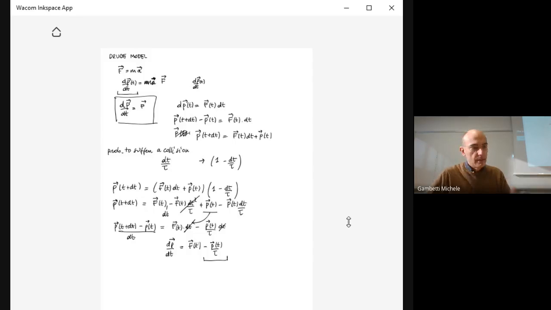So in this case, from the point of view of the second law of dynamics, the contribution of the collisions is to try to reduce the speed of the electron as it moves through the solid and goes on colliding with all the ions that, according to the Drude model, are found within the system.